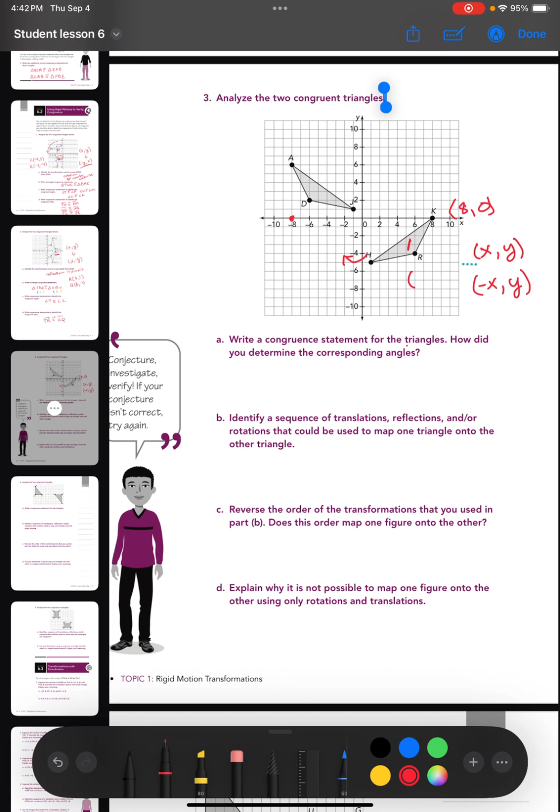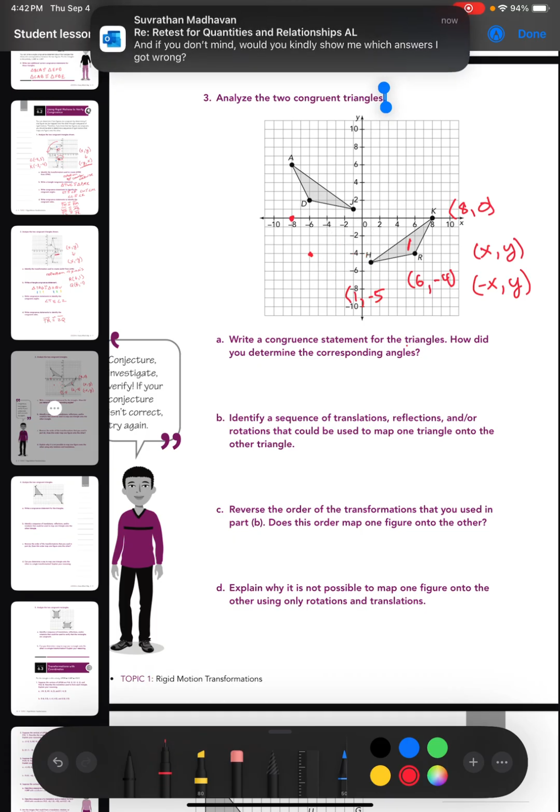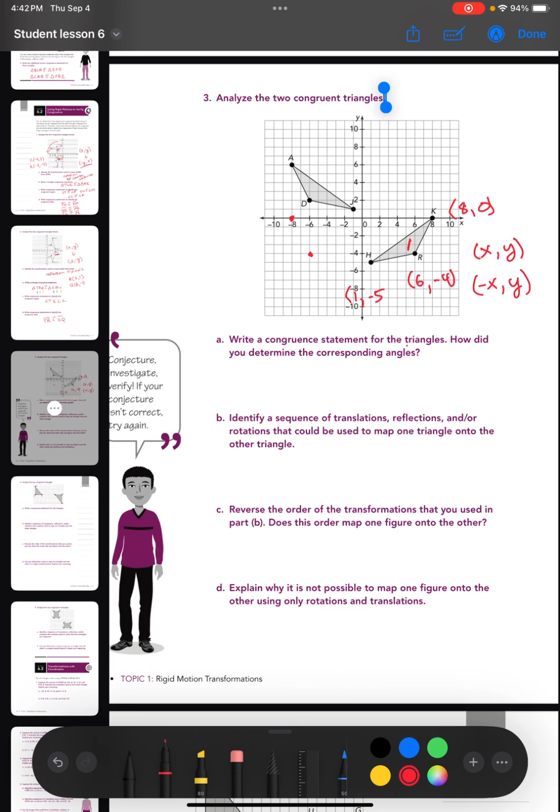Point R is at 6, negative 4, so it should reflect to negative 6, negative 4. And point H looks like it's at 1, negative 5, so it should reflect and go to negative 1, negative 5.